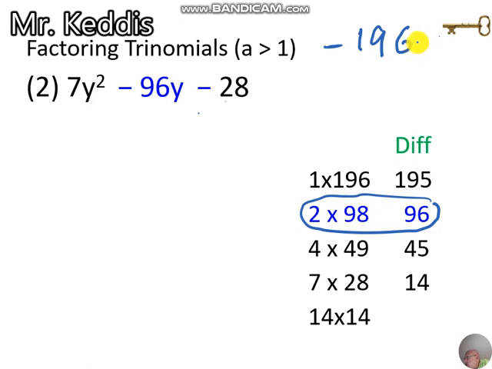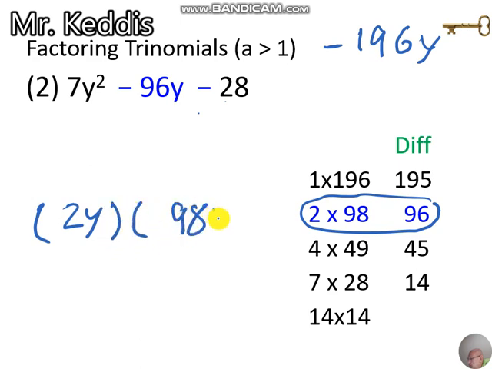This is y squared, which means 2y times 98y. One is positive, one is negative. Because the middle term is negative, I take the highest one as negative, and this one becomes positive.